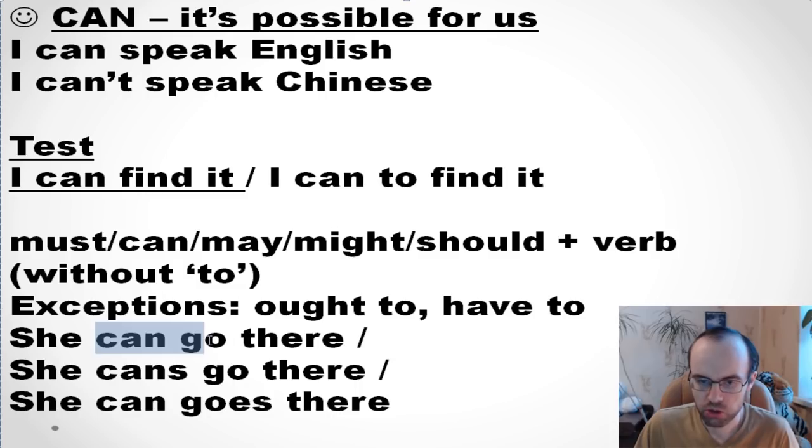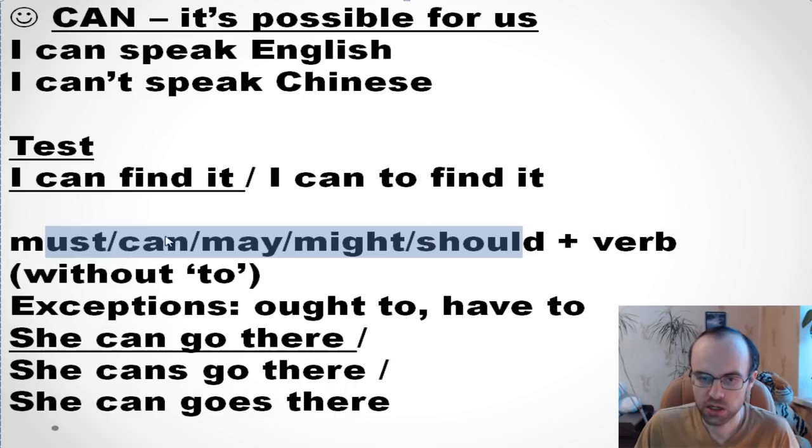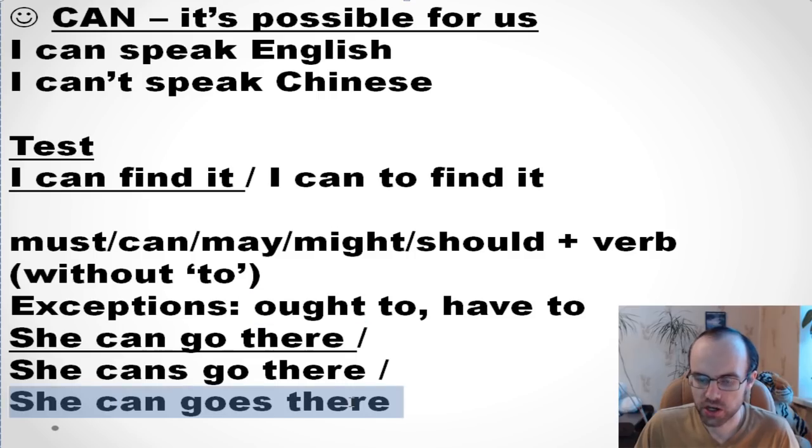Yeah, can plus go, it's okay. She cans, no, never. So I can, she can, he can. We don't change it with these modal verbs. And she can goes there. No, of course not.